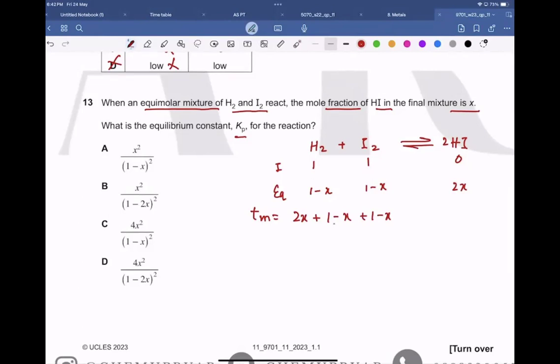If you see over here, it's going to be 2x minus 2x plus 2.